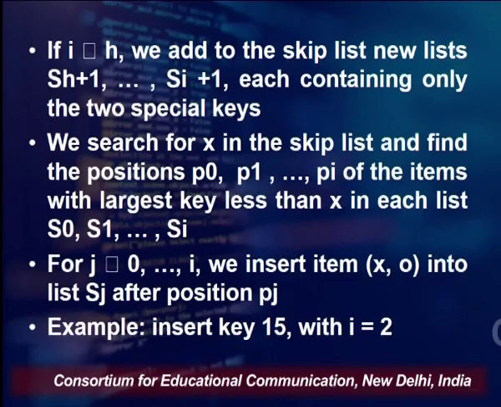If i is less than h, which is the height of the already existing list, we are going to add new levels onto the list, and we will be adding S(h+1) to S(i+1). Each level will contain only the 2 special keys, as I have told you, minus infinity and plus infinity.